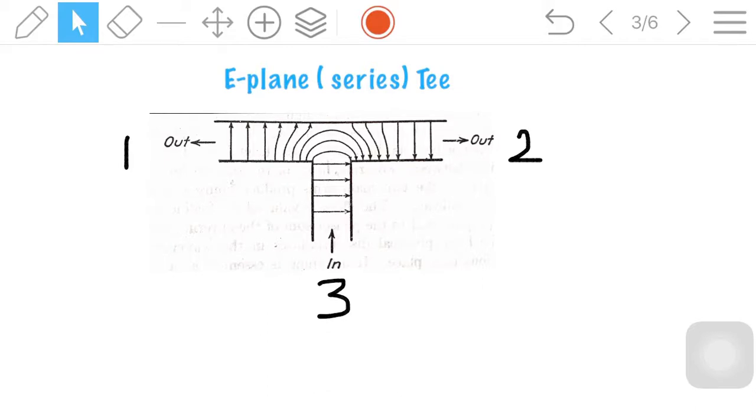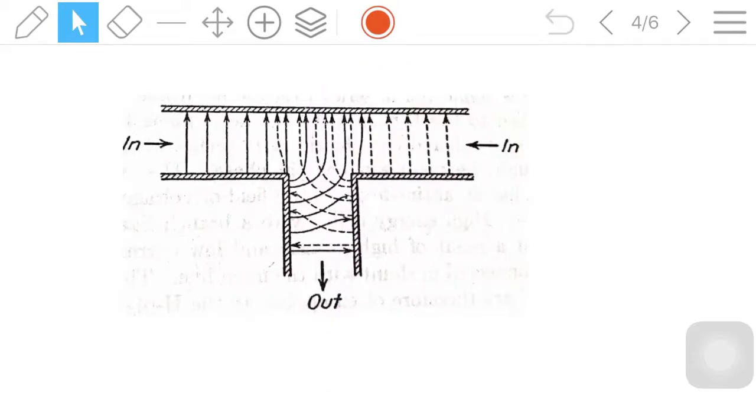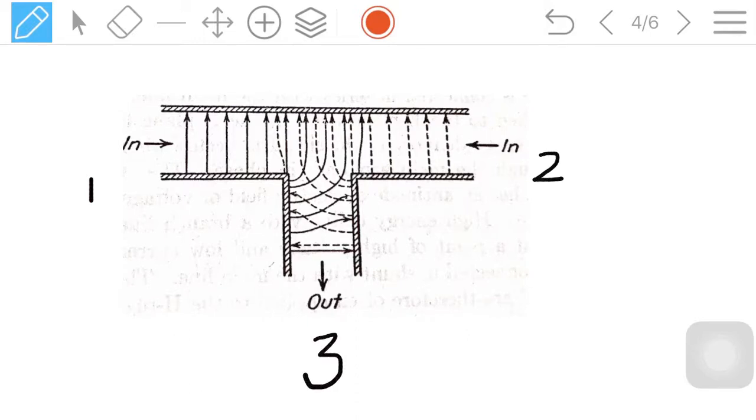Similarly, we can take an example where the two inputs enter from port 1 and port 2, and the output results at port 3 here. I have introduced two energy fields, one from port 1 shown with a dark line, and another from port 2 shown with a dotted line.